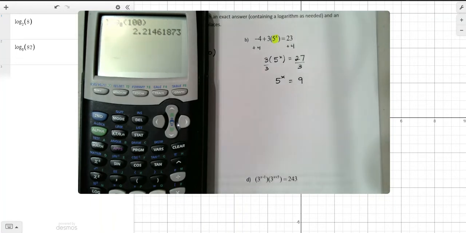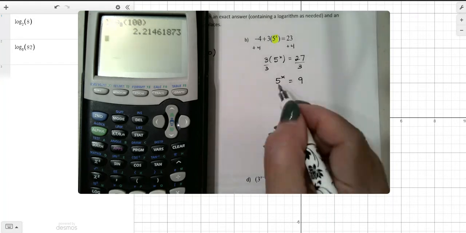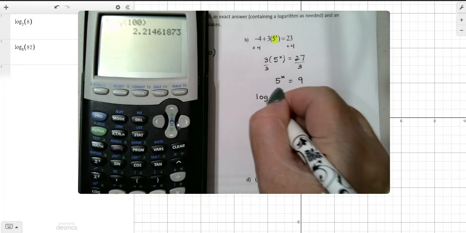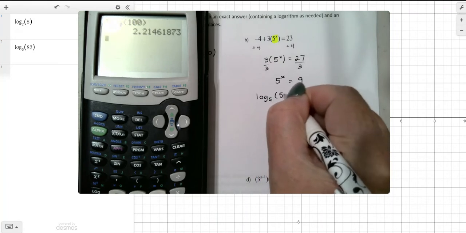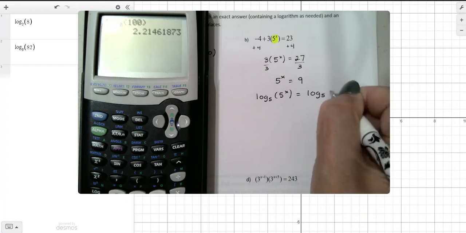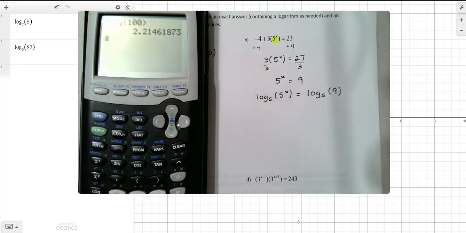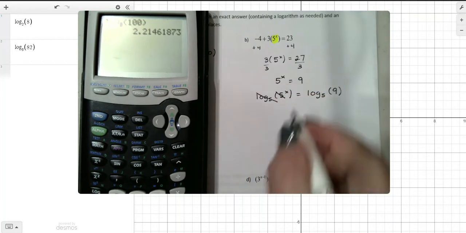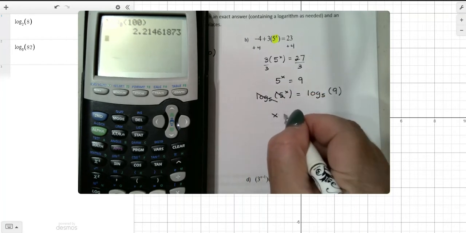So now I'm ready to apply the inverse. The inverse of the exponential base 5 would be the log base 5. And if I take the log base 5 on the left, I better also take the log base 5 on the right. All right, there are our inverse functions, leaving us just x.